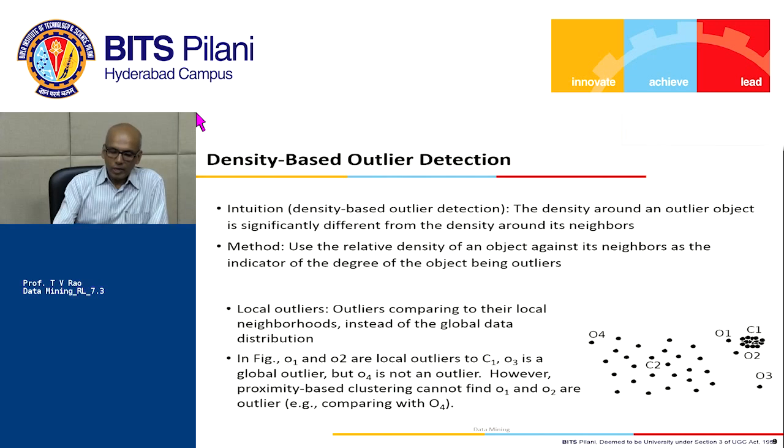But when you look at the other objects, for example those forming C2, another cluster, which has a lower density, this point O4 is also away from C2, like the distance of O1 from C1. But it may not be considered an outlier because of the relative density of the points nearby.